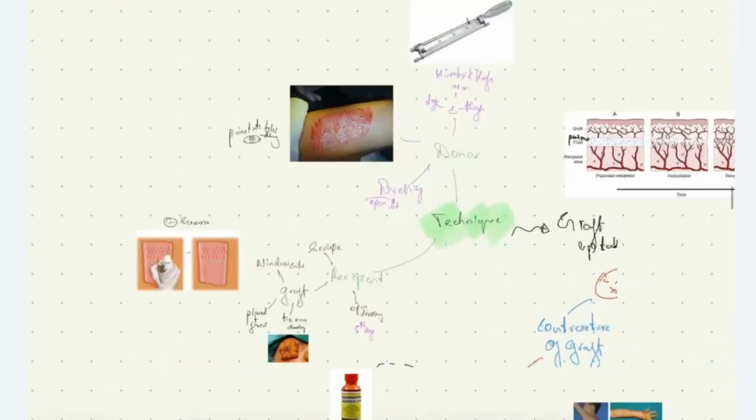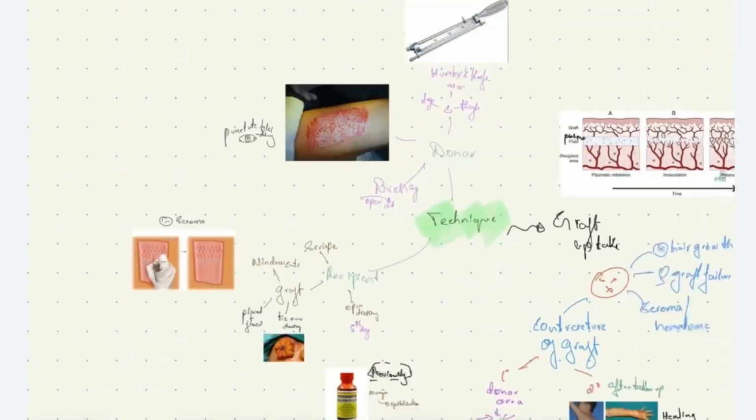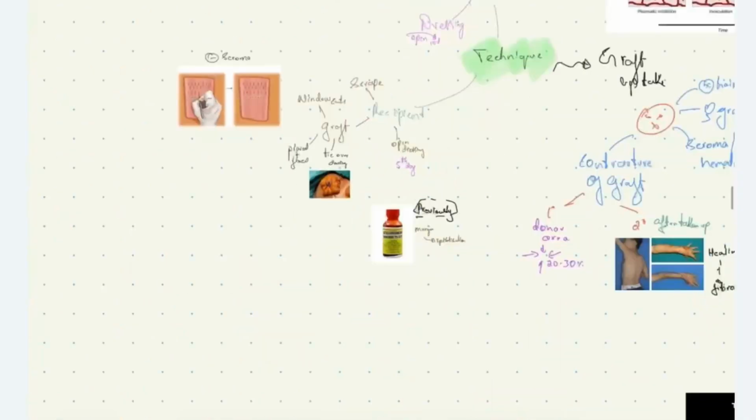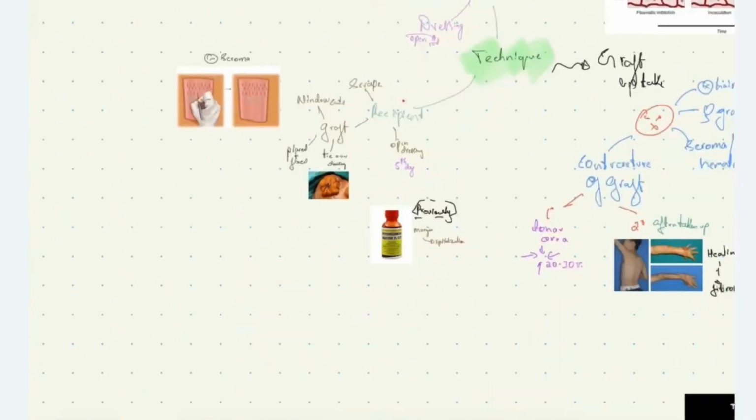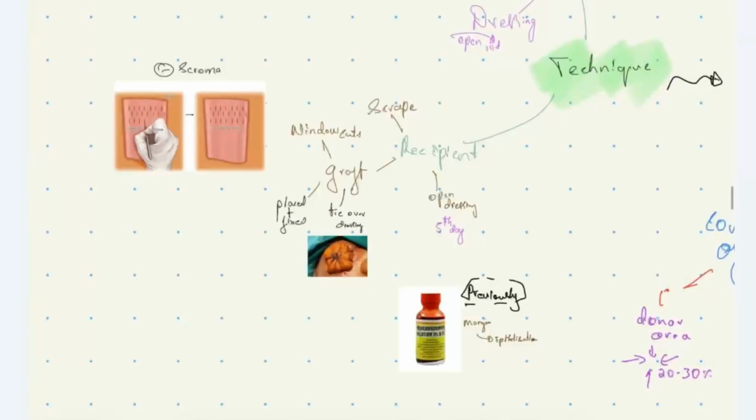After that, we should do dressing at this defective area, and then we will open the dressing after 10 days. Now we have taken the skin graft. We have to transfer it to the recipient. That's why we take it from the donor.